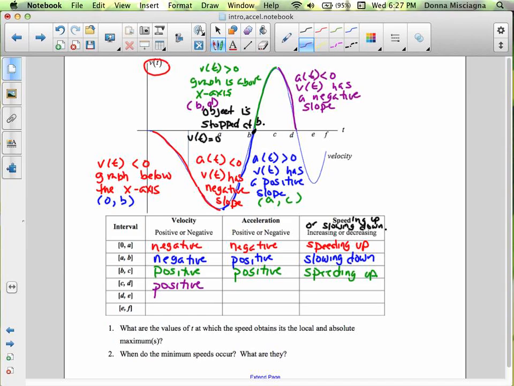All right, so this is negative. So we are slowing down. Well, the object is slowing down. And it makes sense we would slow down because the object is stopped at B. Object is stopped at D.